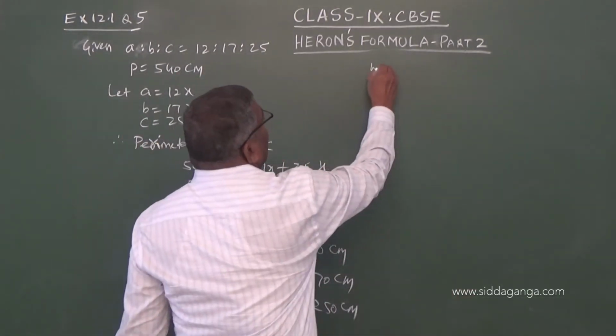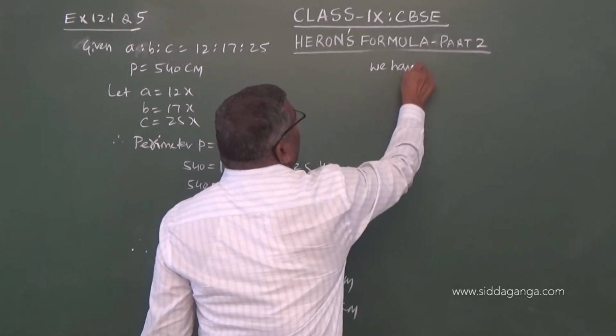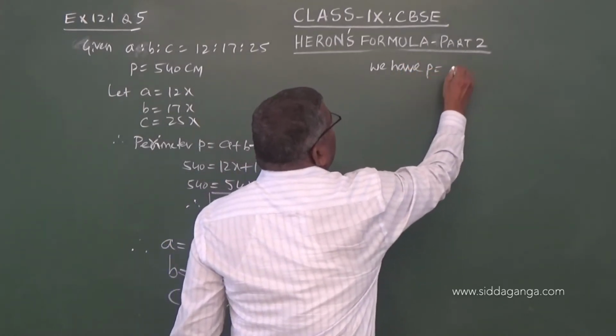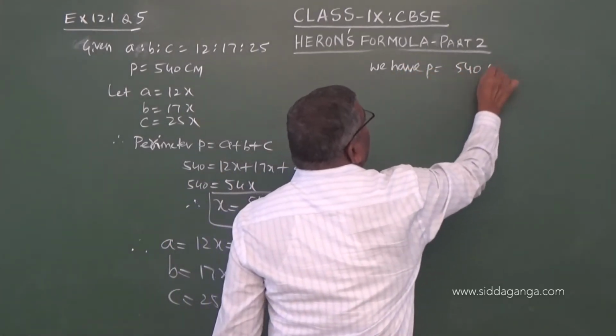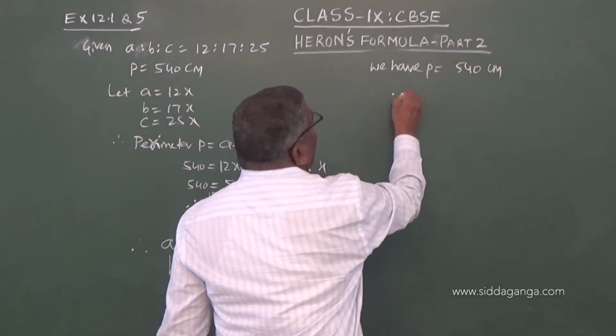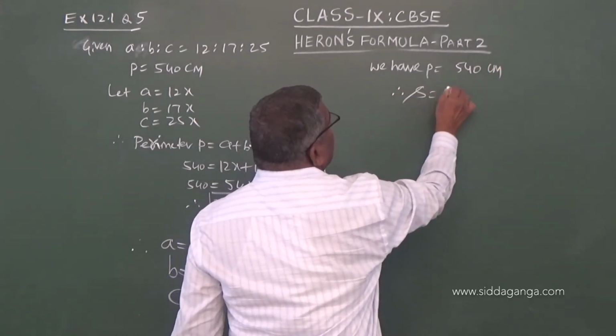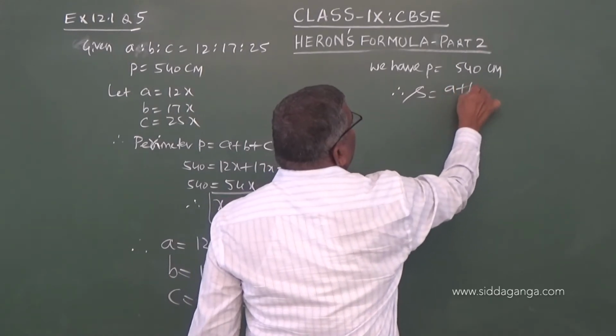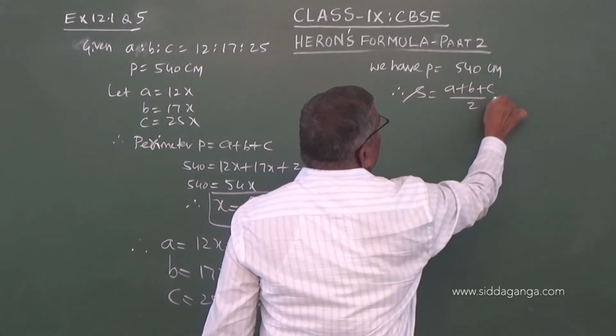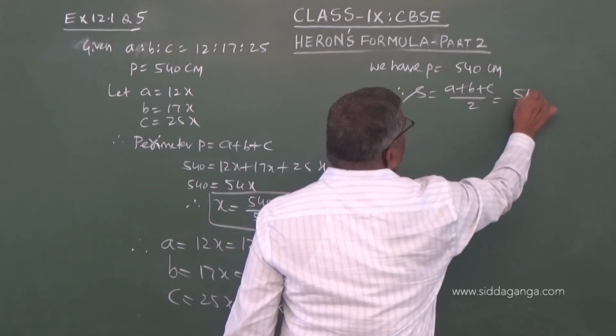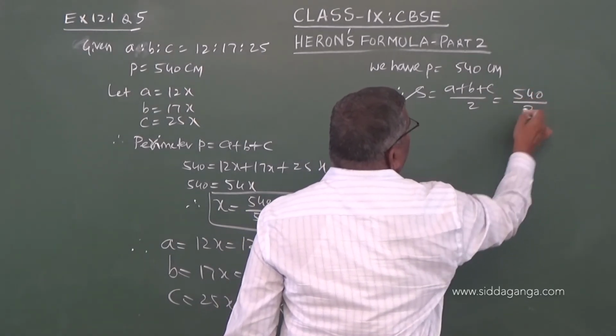P equals 540 centimeter. Therefore semi perimeter S is given by A plus B plus C divided by 2. A plus B plus C is perimeter 540 divided by 2.